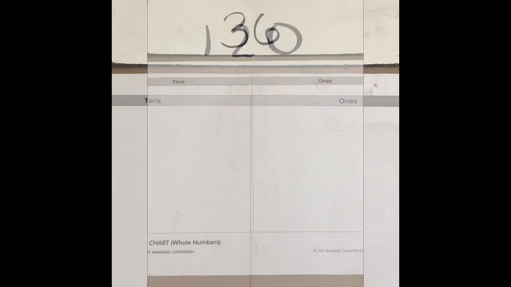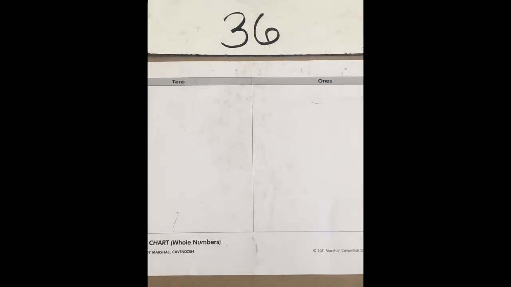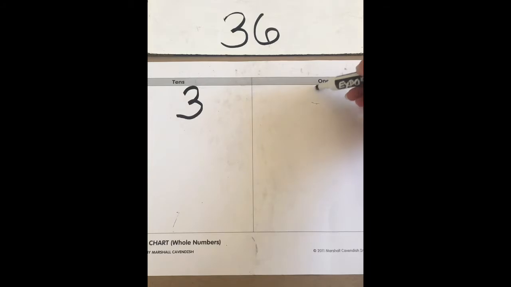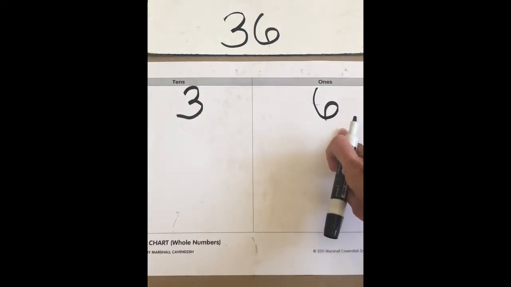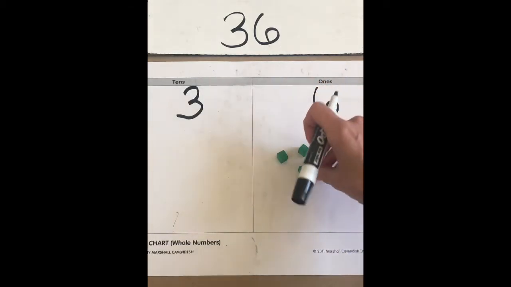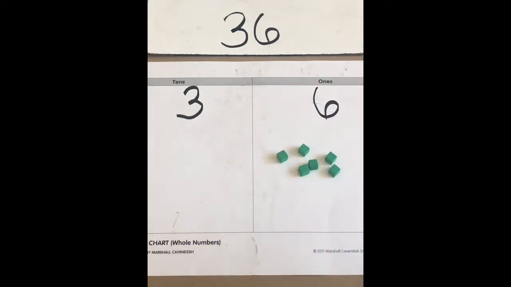Let's take a look at some numbers and what they look like on a place value chart. Let's look at the number 36. If I put 36 into our place value chart, I know that because 6 is on the right, it has a value of 6 ones. 1, 2, 3, 4, 5, 6.